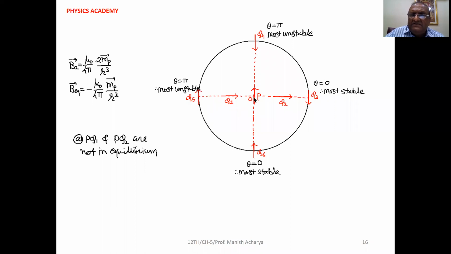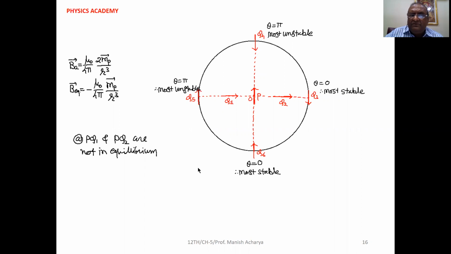The magnetized needle P is placed at O, and its dipole moment is represented in the upward direction here.